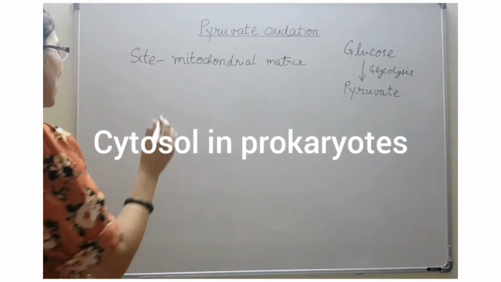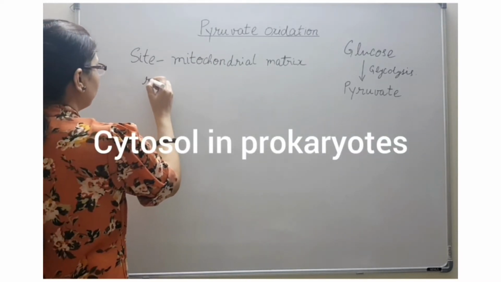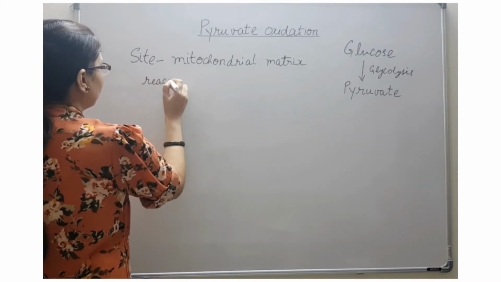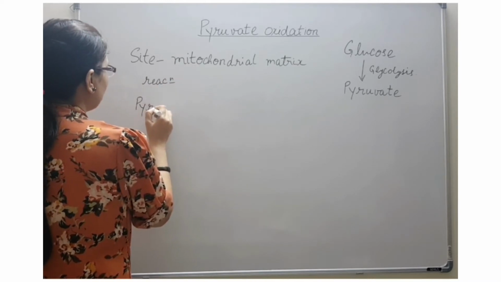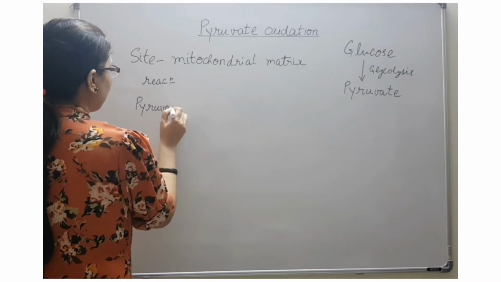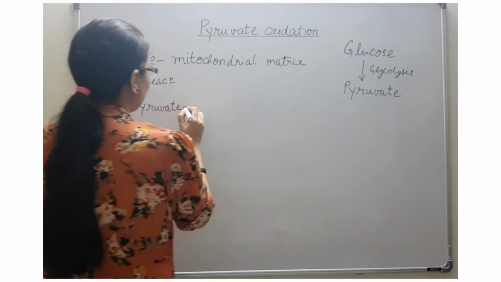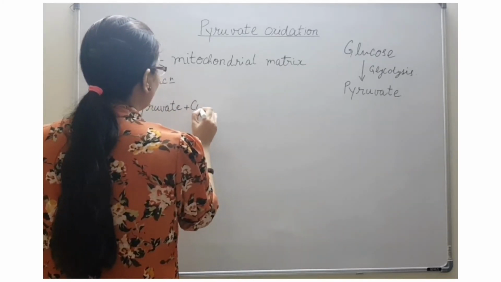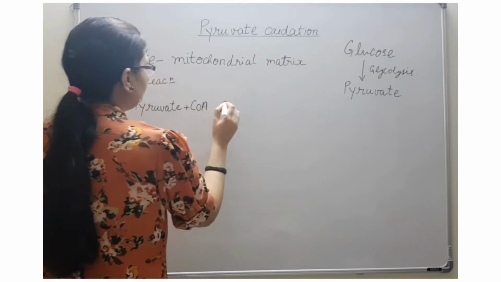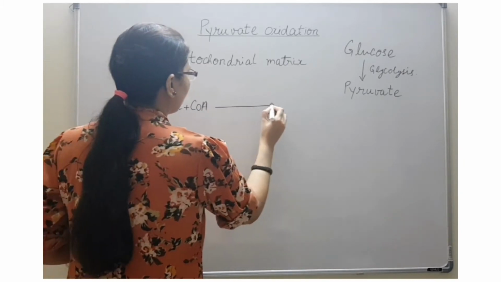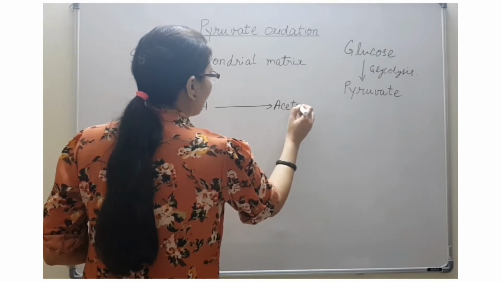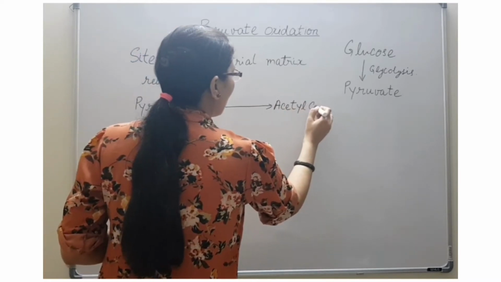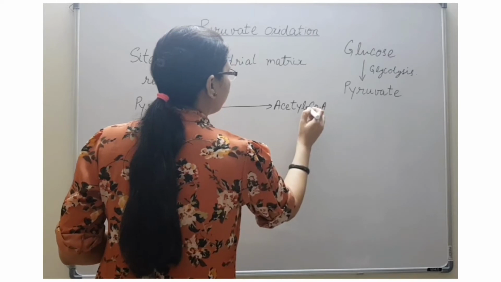Now let us see the reaction. Pyruvate plus coenzyme A gives acetyl coenzyme A.